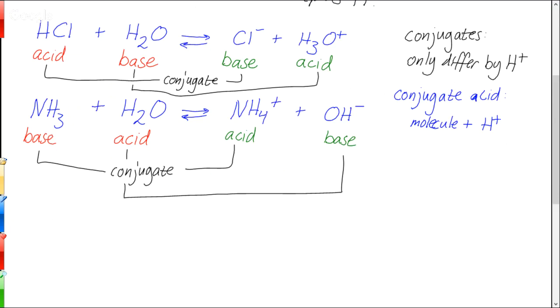We'll get into that a little bit later. So we would say hydronium is the conjugate acid of water because they are conjugates of each other. Similarly, we could say that water is the conjugate base of hydronium ion.